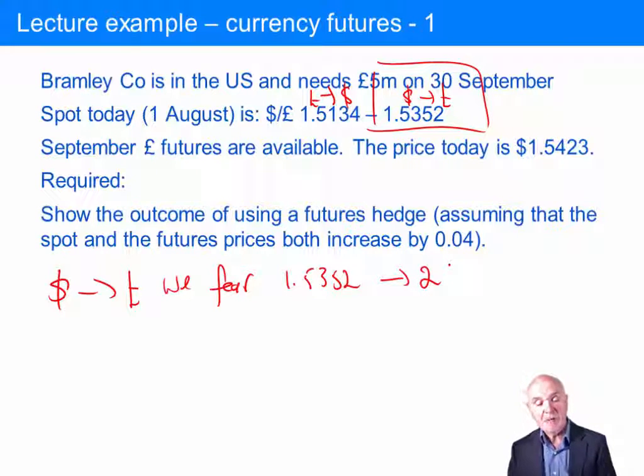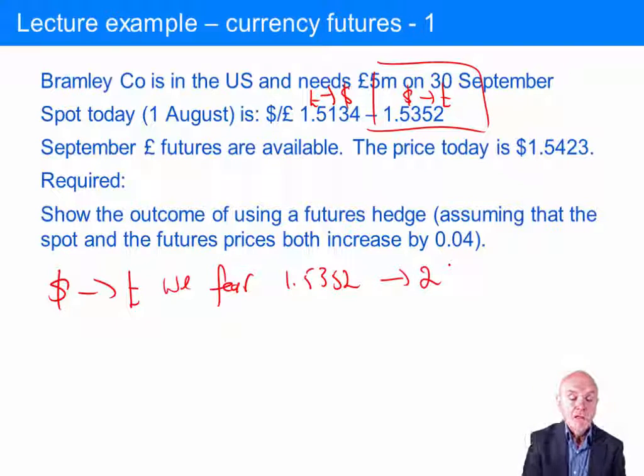Because if the exchange rate went up to 2, to lay our hands now on £5 million sterling, we would have to lay out $10 million. At the minute we're going to only have to spend about $7.5 million. So we fear the exchange rate going from 1.53. We fear it rising.